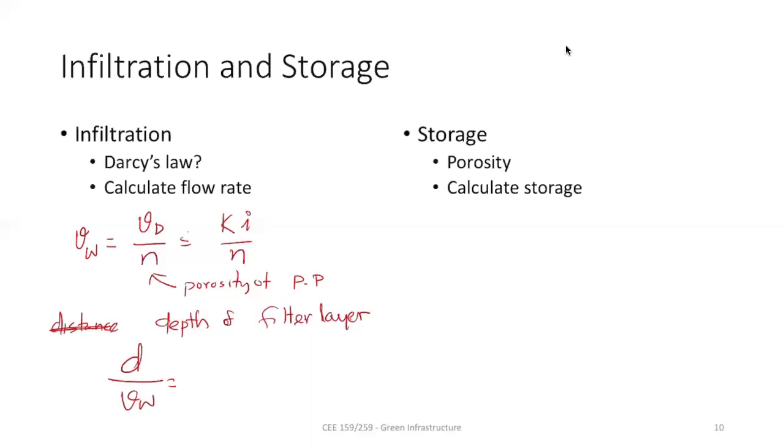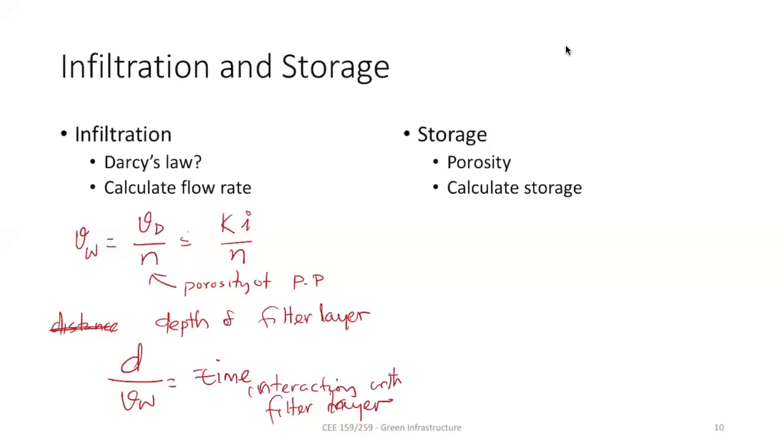This is the time for interactions. This is not hydraulic retention time, because once it infiltrates, it's stored in the system. It doesn't necessarily leave the system. So the actual hydraulic retention time is different. That's based on the volume, while this is based on the flow. This is interaction with the filter media or filter layer.